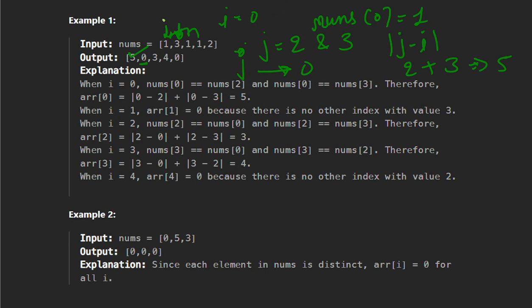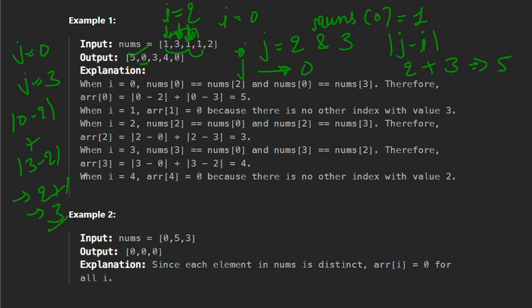Then when we have i equal to 2, our j value can be 0 or j value can be 3, right? So for this we have 0 and 3. So j minus i, that is 0 minus 2, taking the absolute value, plus 3 minus 2, that is 2 plus 1.